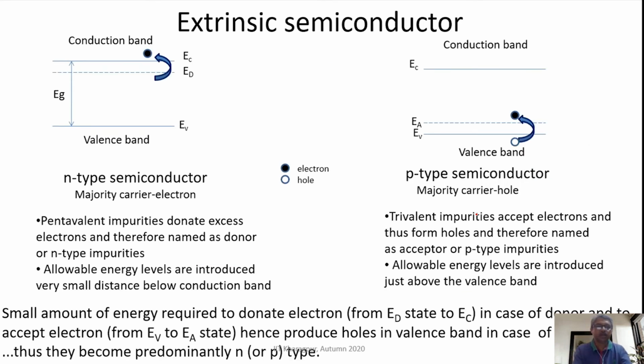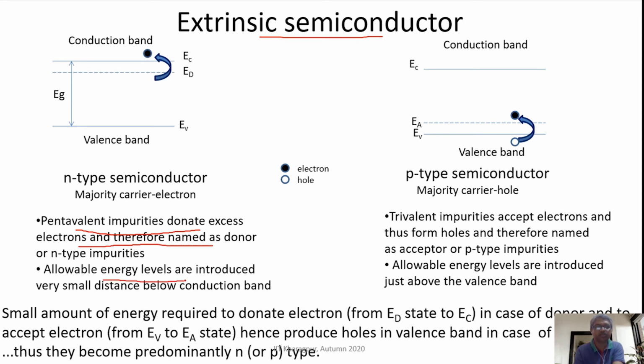Now let's discuss this a little bit more, although I have mentioned this already. In case of extrinsic semiconductor, electrons will easily reach the conduction band, and so these pentavalent impurities donate excess electrons and are therefore named donors.